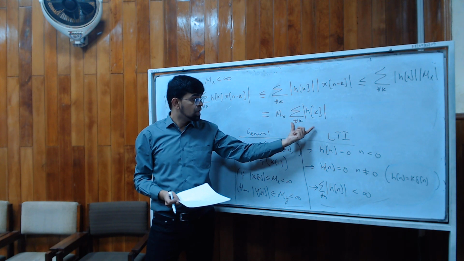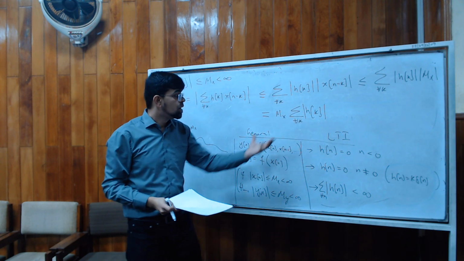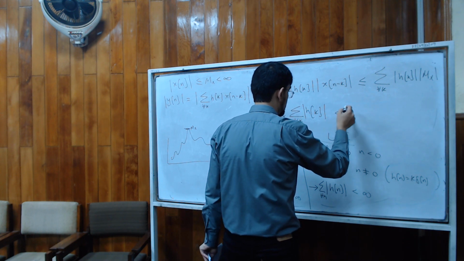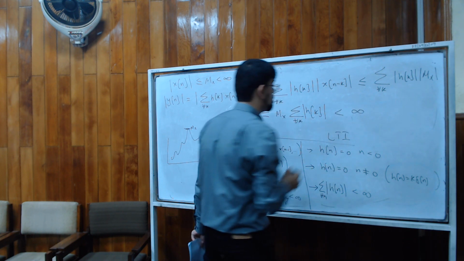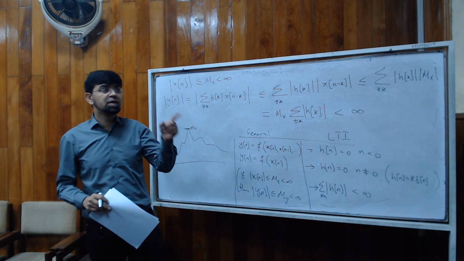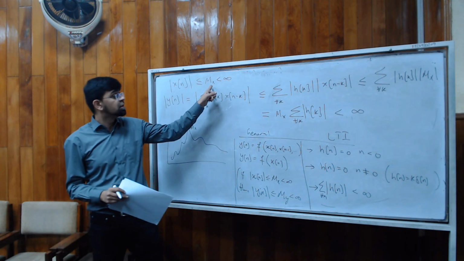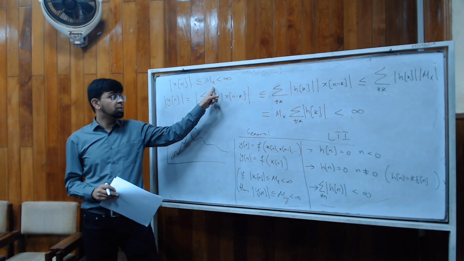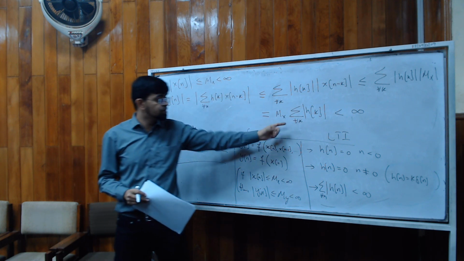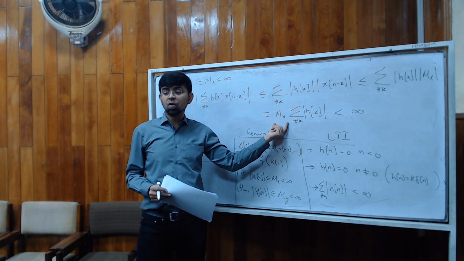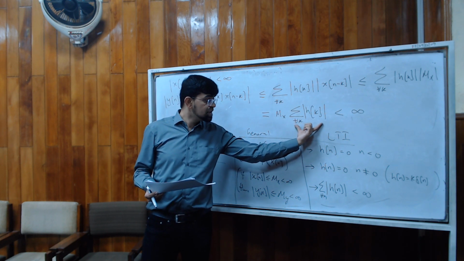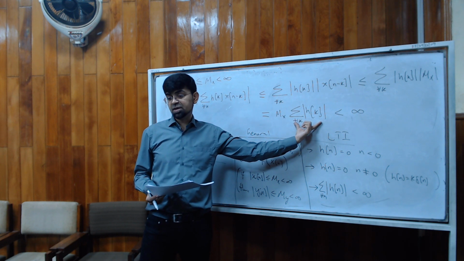Mx times this. Now for this to be less than infinity, what do we require? We already know that Mx is bounded, so x[n] is bounded by Mx. It is not infinity, so this is a finite term. The only thing that can make this product infinite is if this summation is infinite.